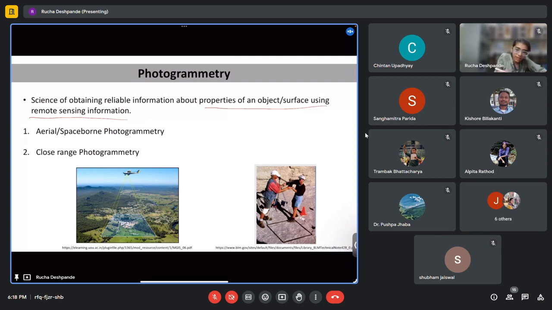So, there can be two types of photogrammetry. First is aerial or space-borne photogrammetry, and second is close-range photogrammetry. In aerial photogrammetry, it consists of any photograph taken from an airborne vehicle.